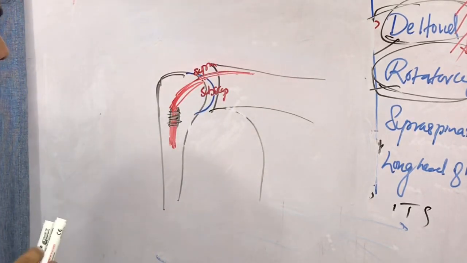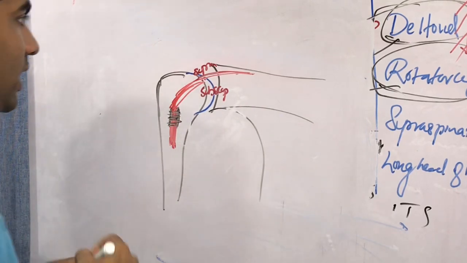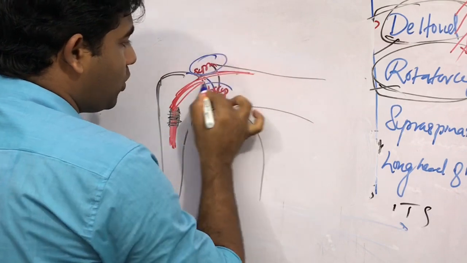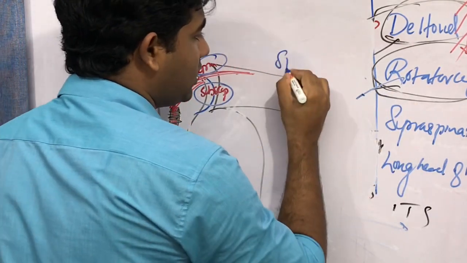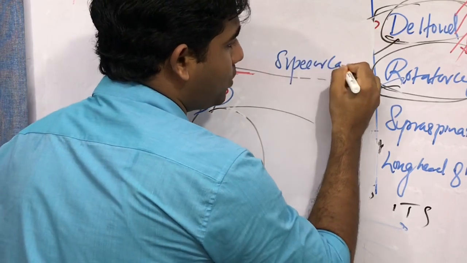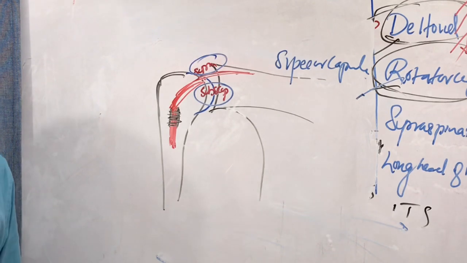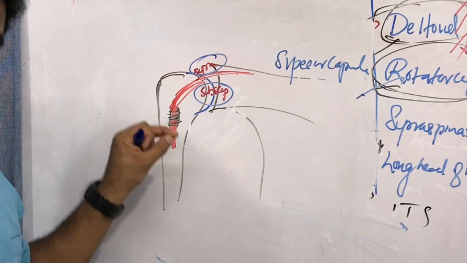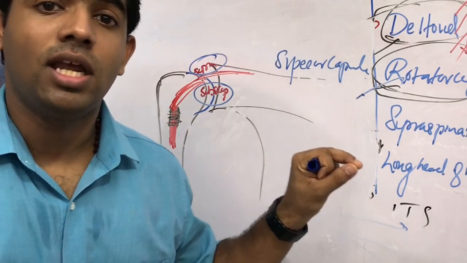Now you see that the long head of the biceps brachii is in fact related to the supraspinatus and subscapularis, that is our rotator cuff muscles, as well as it is related to the superior capsule and the associated ligaments. So what can happen is that this long head can produce some role in the glenohumeral stabilization.